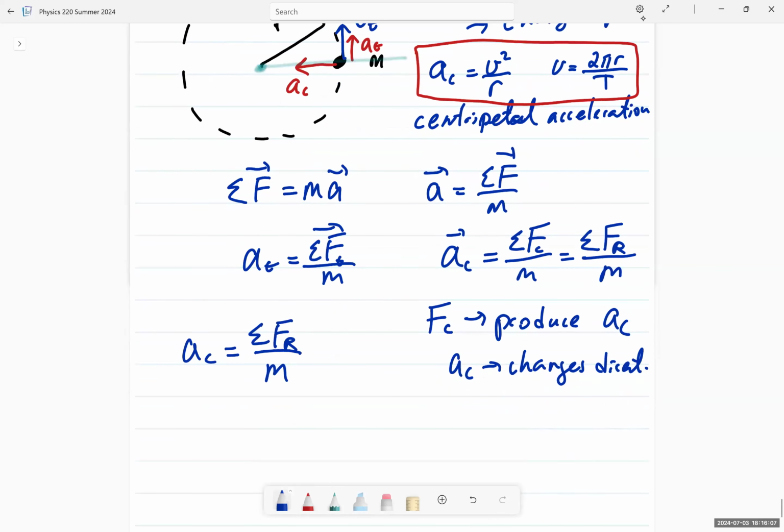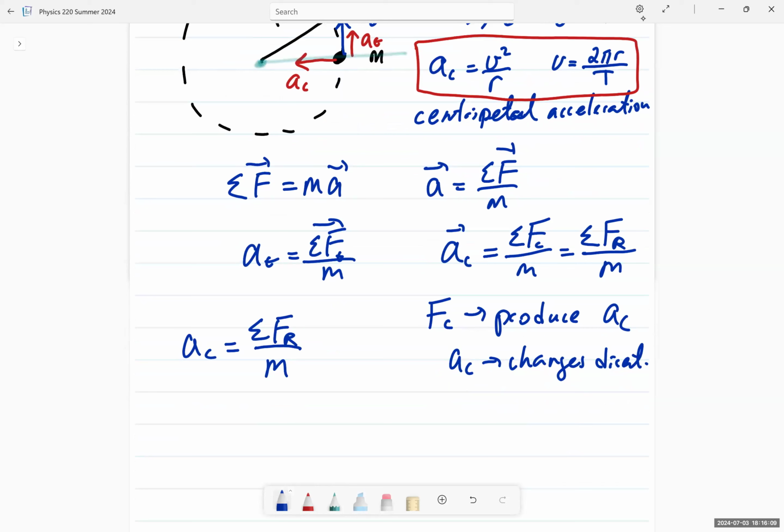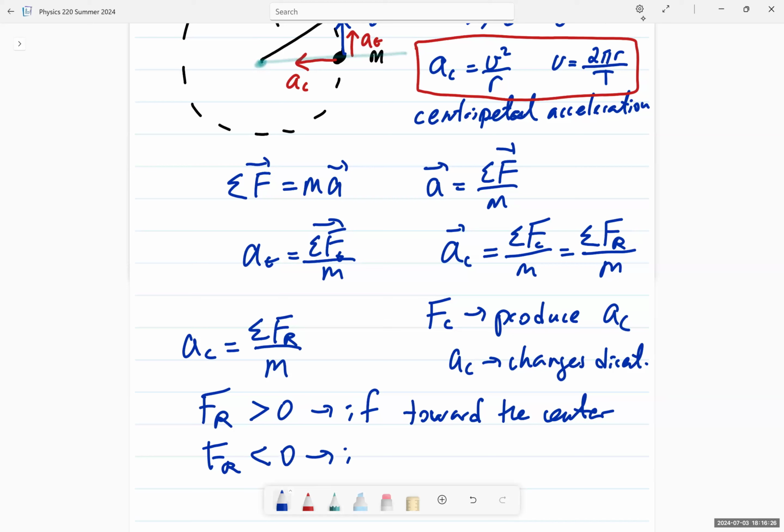Again, remember, any radial force, R for radial, is positive if pointing toward the center, and the radial force is negative if pointing away from the center.